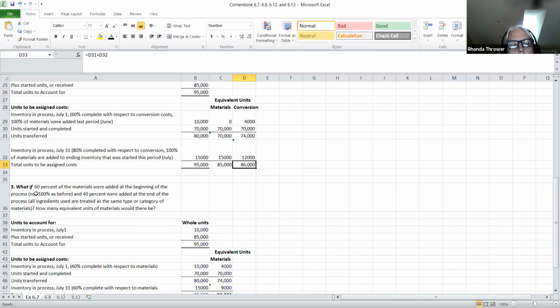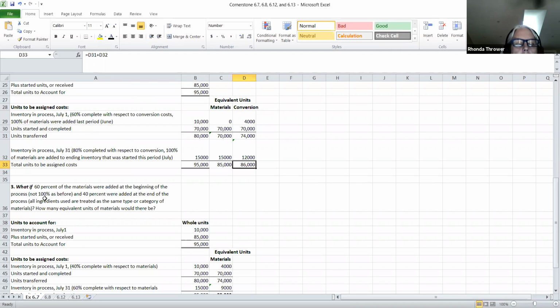So in part 3, it says, what if 60% of the materials were added at the beginning of the process? And so what I put in parentheses here was to help explain that they're not going to be 100% added like they were in that first problem that we did.